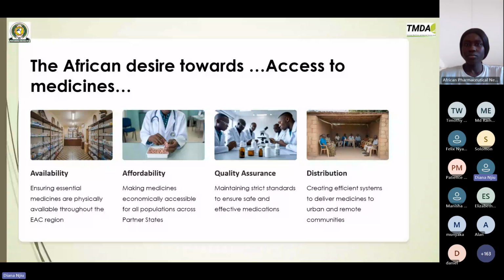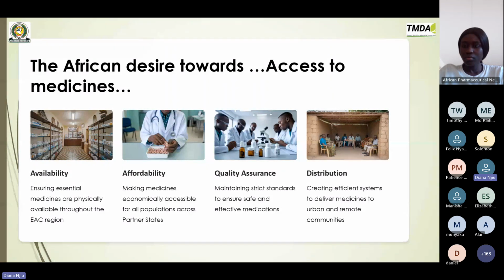And also the distribution. We want our region to create efficient systems to deliver medicines to urban and remote communities. We have seen several efforts going on across the African continent, such as regulatory harmonization, the universal health goal, the EAC MRH, and AMA, the African Medicines Agency.